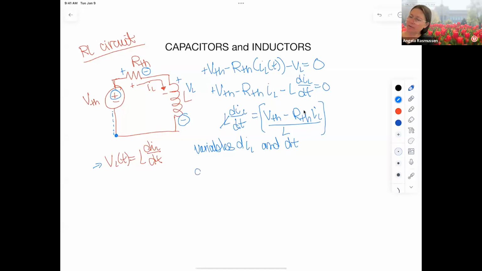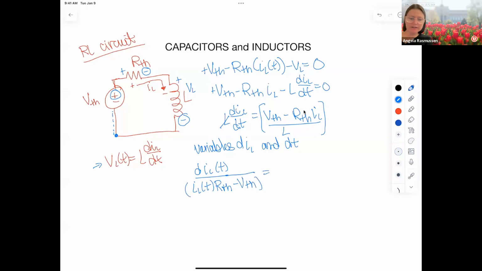So here I have dIL of t over IL of t times RTH and then minus VTH.